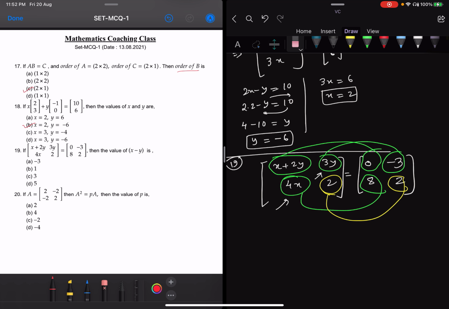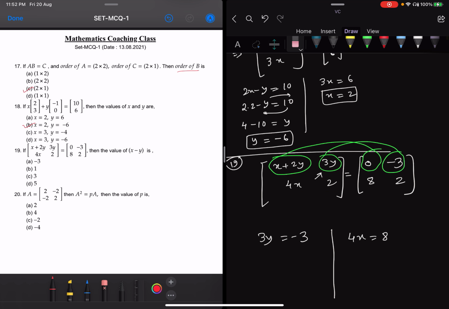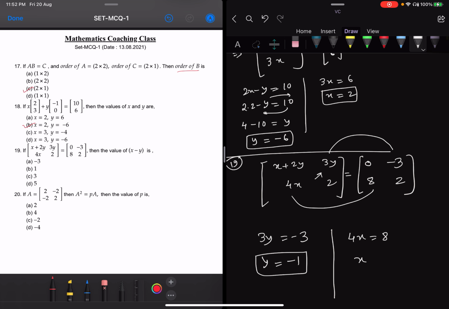Then what we will do for 3y equals minus 3 and 4x equals 8, we will consider these two equations. That means this equation and this equation. Then y will be minus 1 and x will be 2.